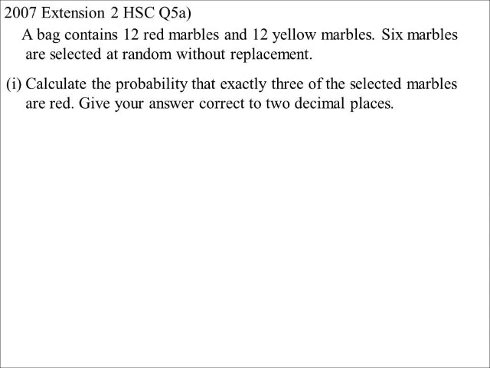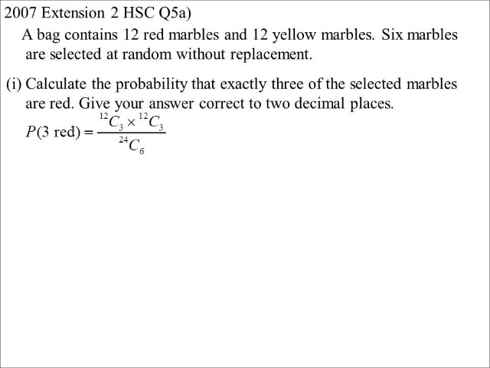So a bag contains 12 red marbles, 12 yellow marbles, and 6 marbles are going to be selected without replacement. We want to know the probability that exactly 3 of the selected marbles are red. So we want 3 to be red. So probability 3 to be red. In this case it's a combination, because we don't care the order we pull the marbles out, we're just grabbing the marbles.